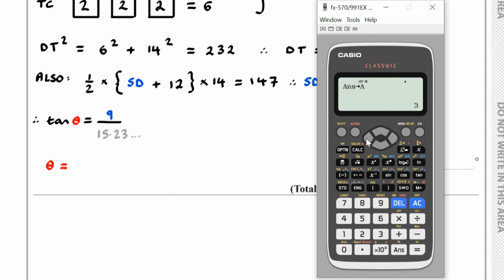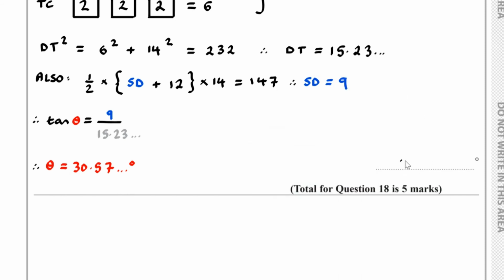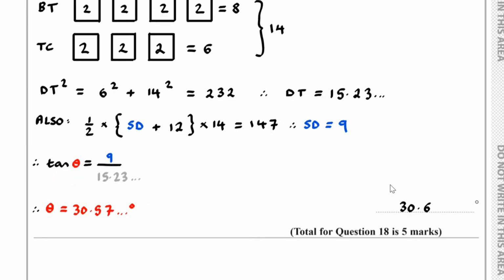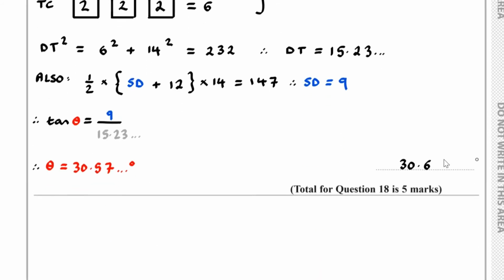I've got 9 divided by 2 root 58, and then I want the inverse tangent of this, so I get 30.57, etc. degrees. So I have 30.6 degrees, given to 1 decimal place.